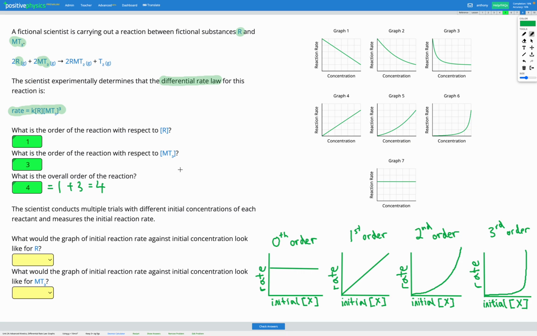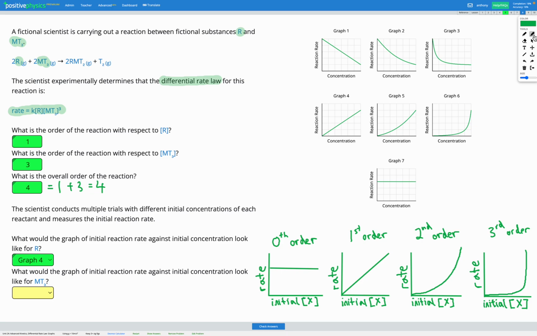So looking at the bottom, for a first order reaction, we know the shape is going to be that straight sloping line because it's directly proportional. When the initial concentration doubles, the rate also doubles. So looking at our options, that's going to be graph 4. So the graph is going to be graph 4 for R.